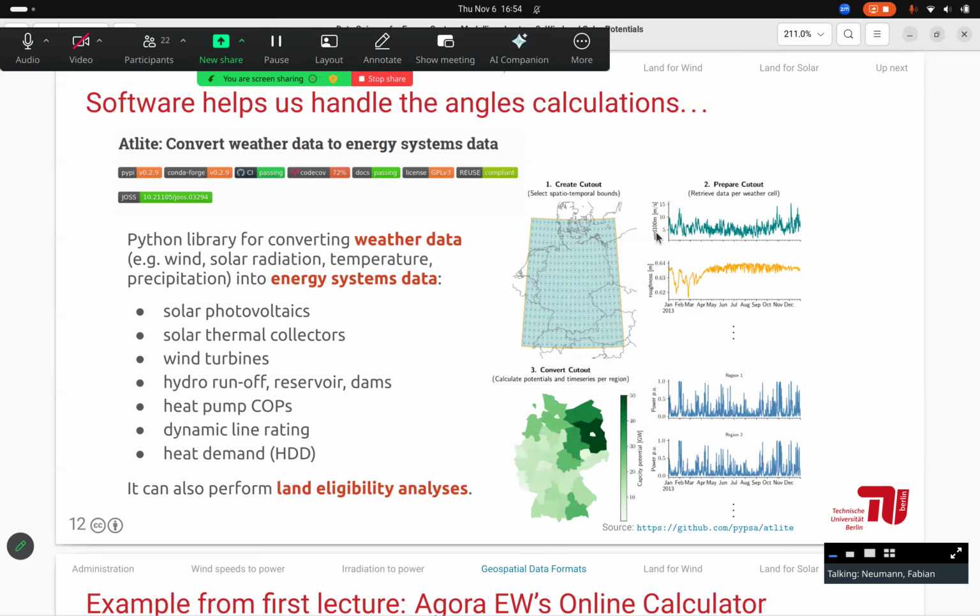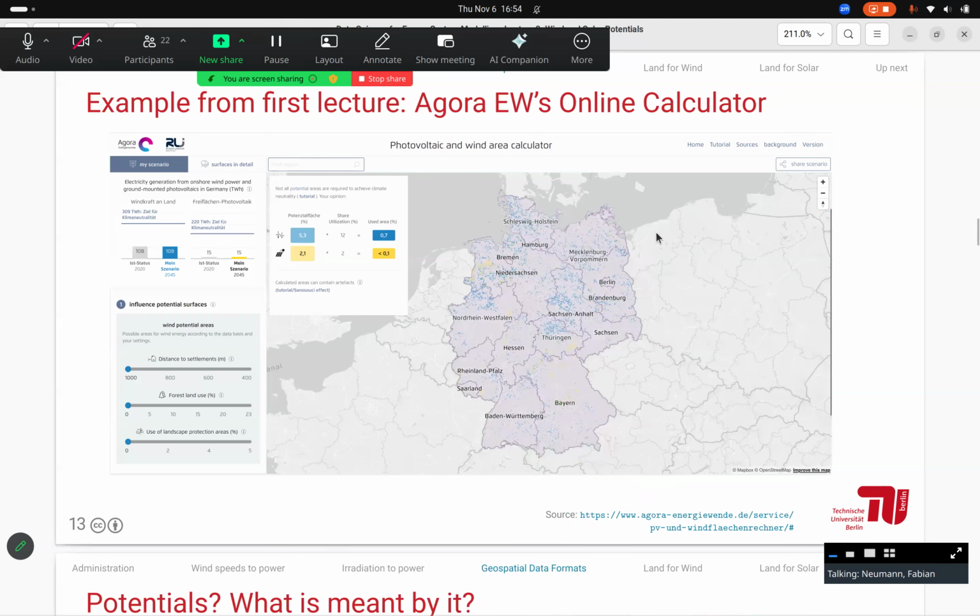That's one purpose of this package. And the other purpose of this package is to calculate so-called land eligibility analysis. So land eligibility analysis, what is that? Let's go back to the first lecture.